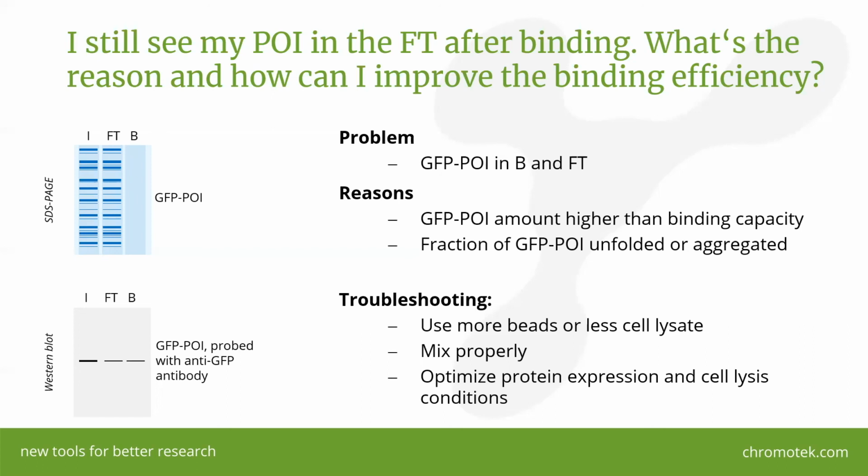The second thing is that maybe a fraction of the GFP fusion protein is unfolded or aggregated. What we recommend is you should use more beads or less cell lysate. You should really mix properly, and the optimization of protein expression and cell lysis conditions is really good. A longer incubation time usually does not really help to increase the efficiency of an immunoprecipitation.